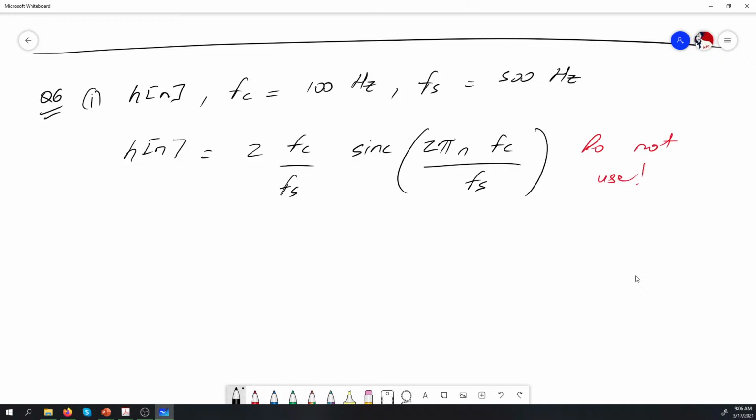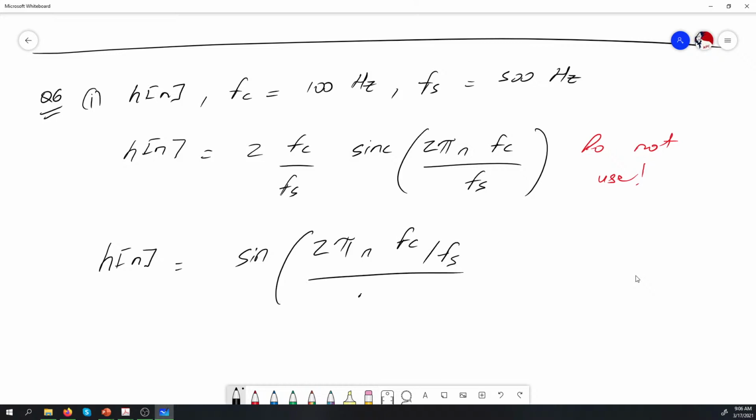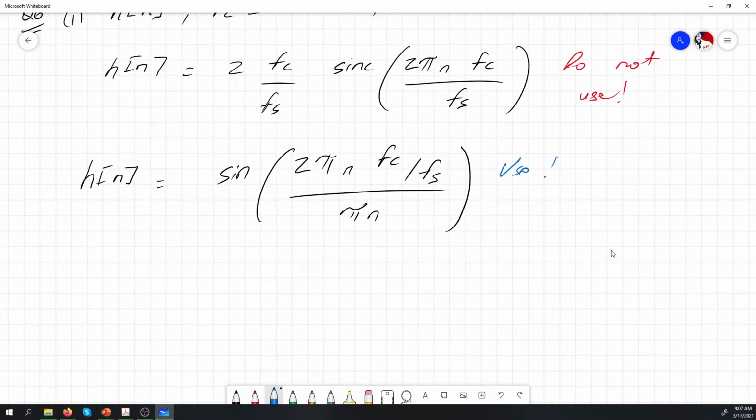The equation that you do want to use, the h of n equation here, is equal to sine of 2 pi n fc divided by fs, all divided by pi n. Right, so that's the equation you want to use for h of n.